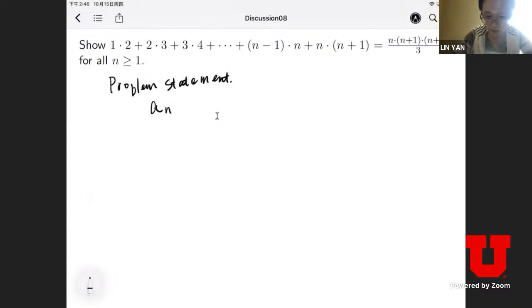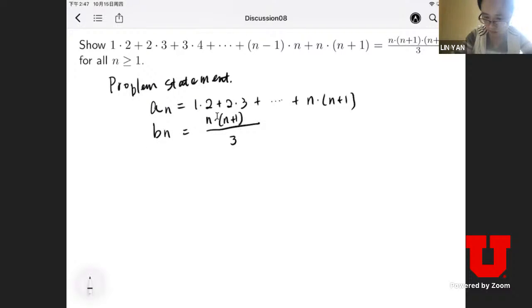We use An to represent the left-hand side and Bn to represent the right-hand side. The problem statement is the left-hand side is equal to the right-hand side, that is An is equal to Bn.